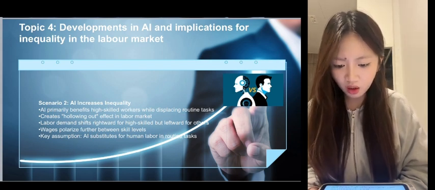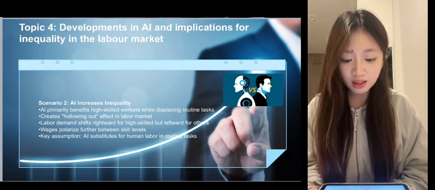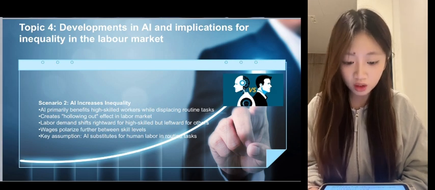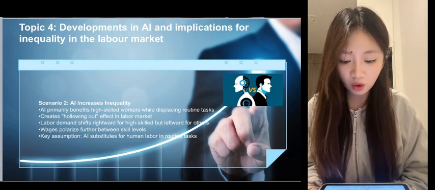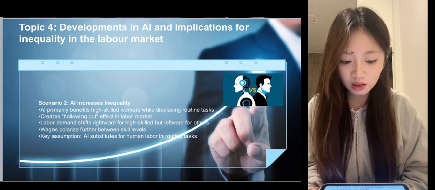In the case of increasing inequality driven by generative AI, the technology has disproportionate benefit for high-skilled workers, as the economy is made of middle and lower-skilled employees who carry out routine tasks. They are automated.